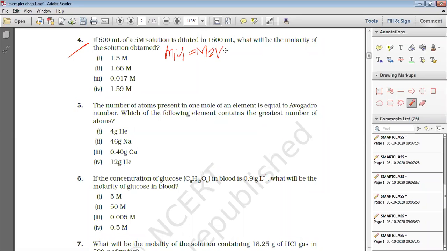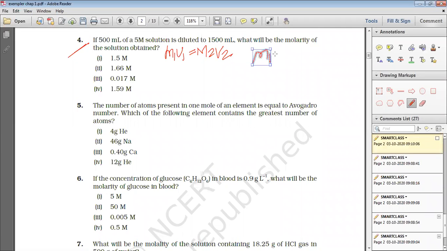Now, first we should find out what is M1. So your M1 is 5 molar. Then V1 is 500 ml.